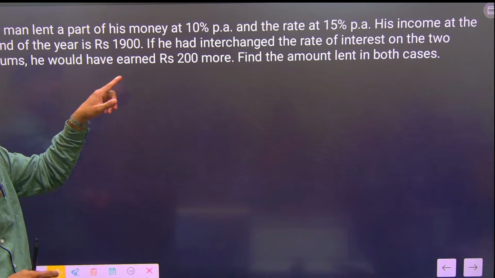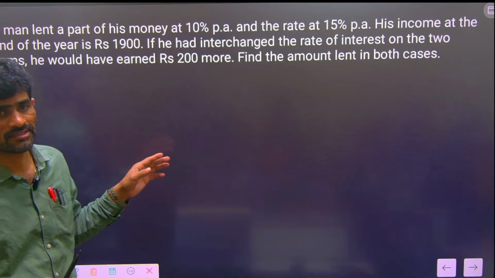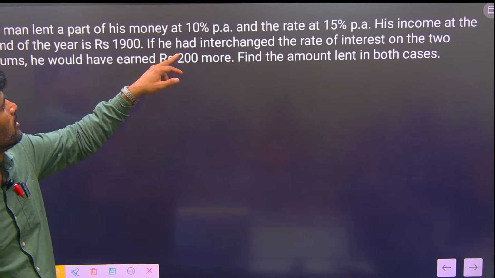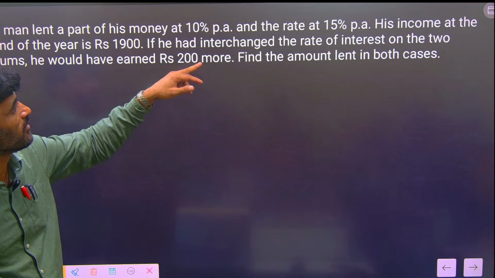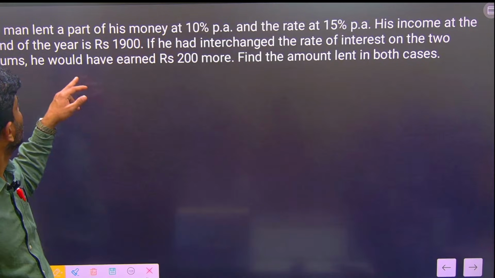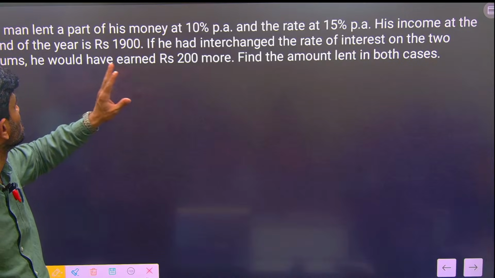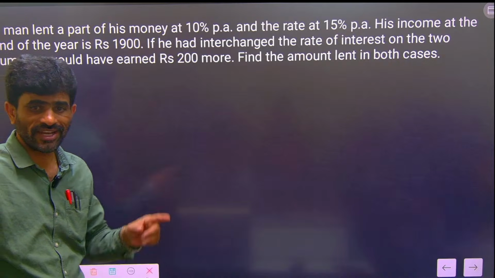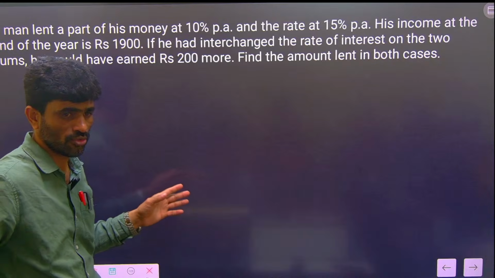Let the x amount be lent at 10% per annum and the y amount lent at 15% per annum. Is the total amount given? No. In both cases the rates are interchanged, so you will not get x plus y is equal to something, because the total amount is not given, like before where we got x plus y is equal to 10 liters.